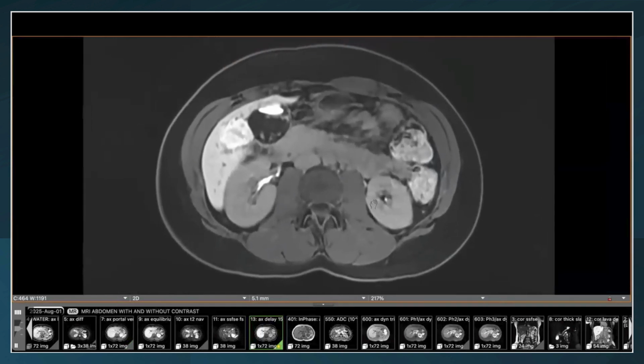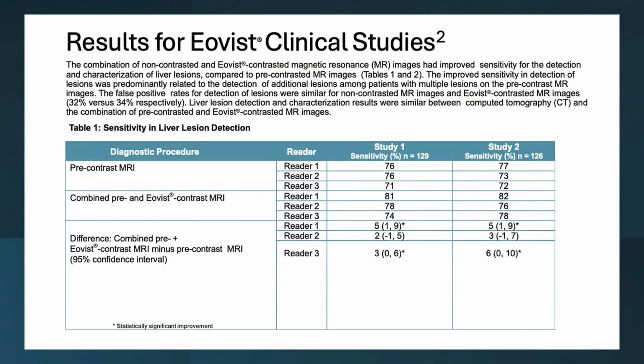And so as I take into account these various imaging features, I can feel really comfortable that the diagnosis in this case is focal nodular hyperplasia. And this is a very common use of EOVIST in clinical practice, the differentiation of those entities of FNH versus adenoma.